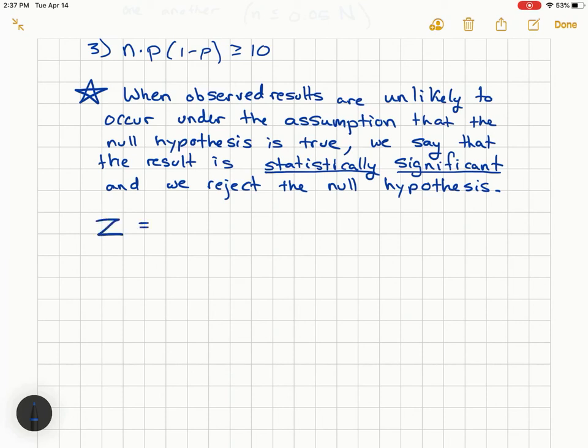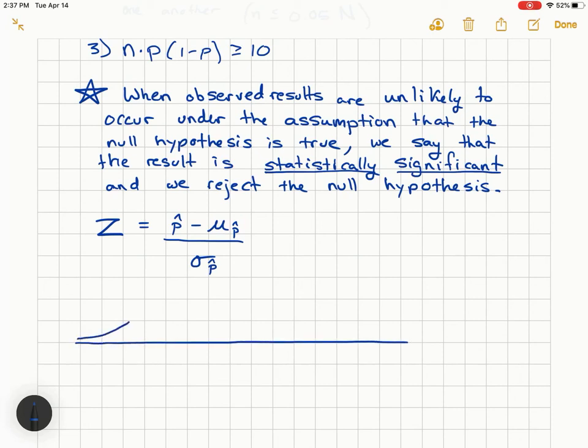So this is what we're basically saying. You have a z-score, and in our case with proportions, this is how you would find your z-score. The observed value, p hat, minus the mean, divided by the standard deviation. Right, that gives you your z-score.